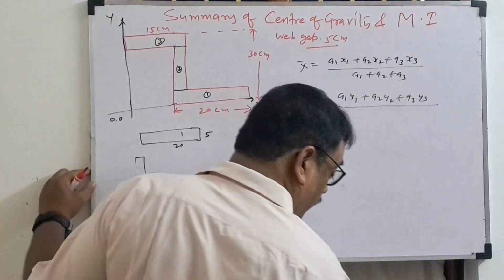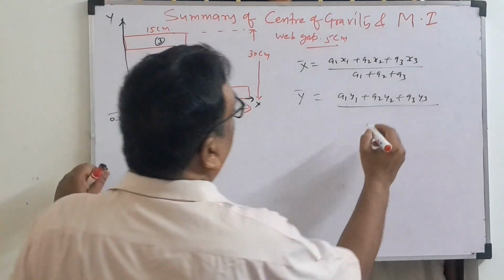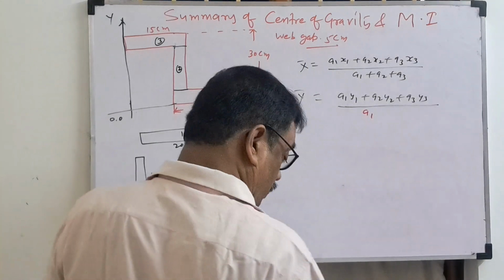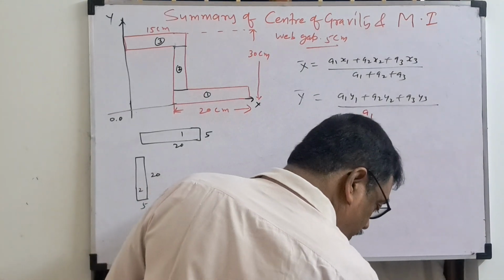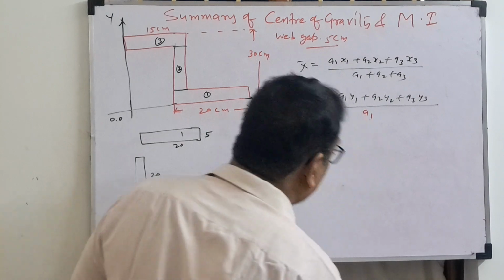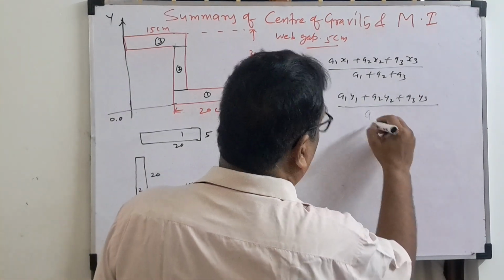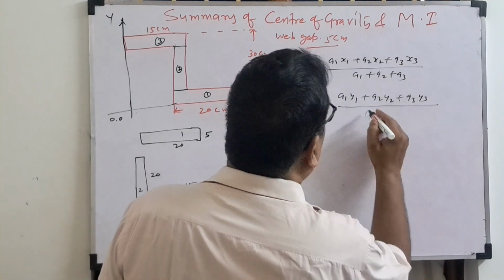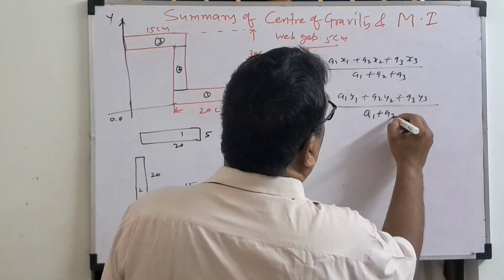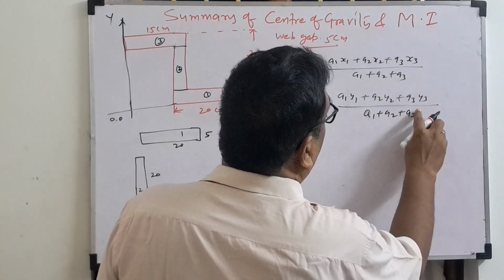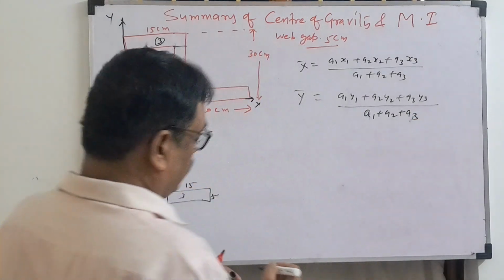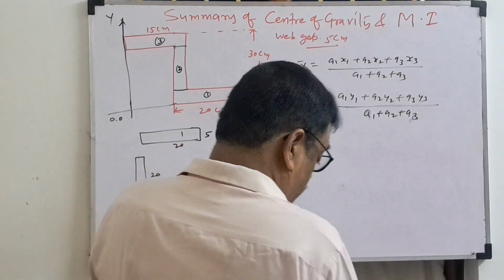The total area will be A1 plus A2 plus A3.